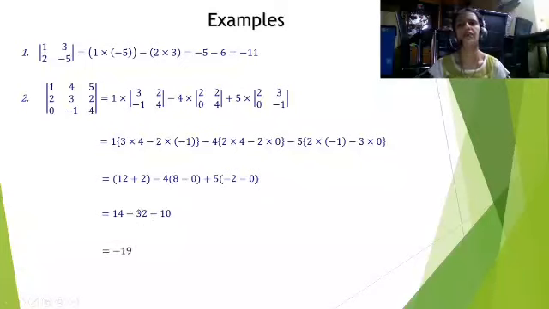Just simplify it, the answer is minus 19. Those who are not comfortable with calculations can use calculators. Only the first expansion row is important. If they write that correctly and use a calculator without any problem, they will get the answer. Okay, so we will do more examples.